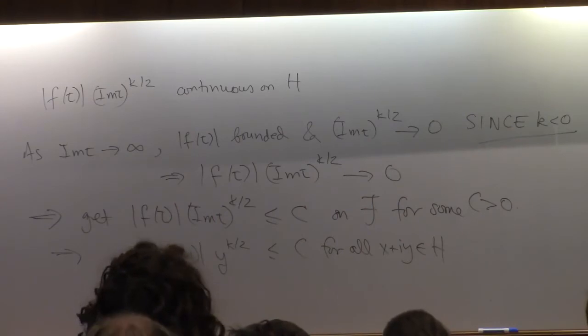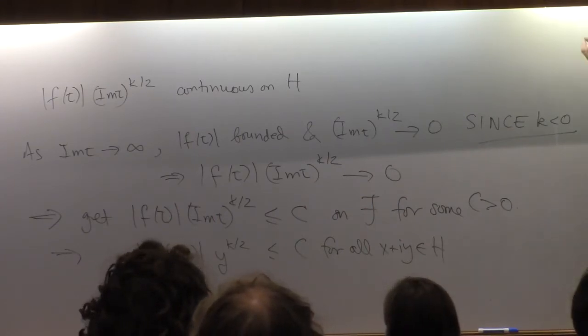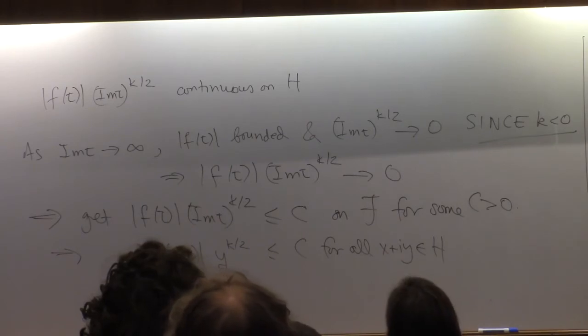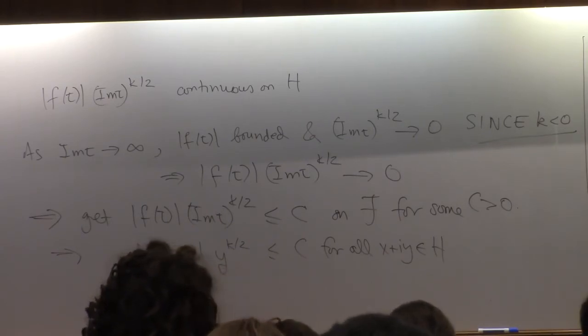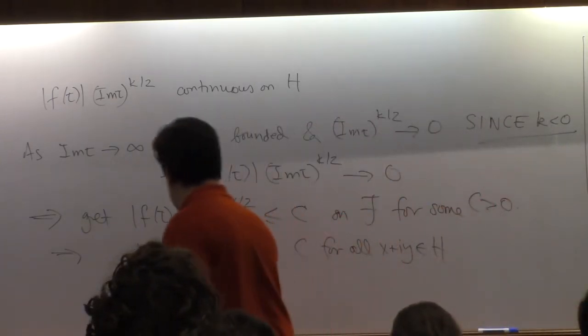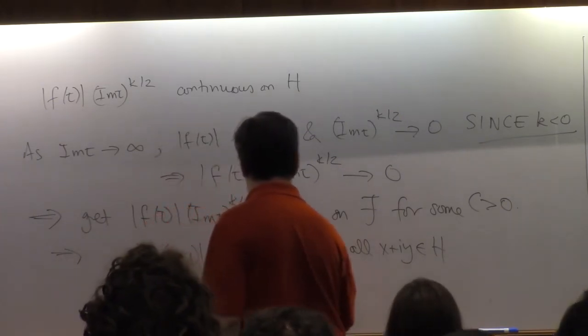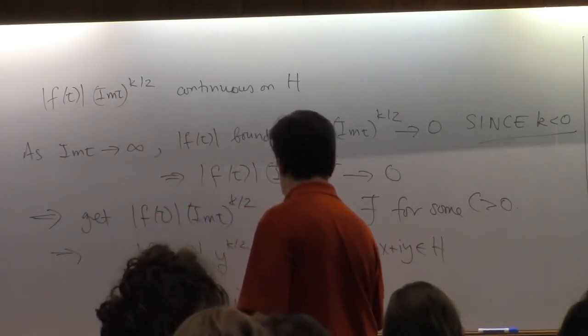Well, I want to erase that. There's some space over here. So what is my goal? My goal is to show that the space is 0 if k is negative. Now here, let me write it like this: f of x plus iy is also bounded by c over y to the k over 2.